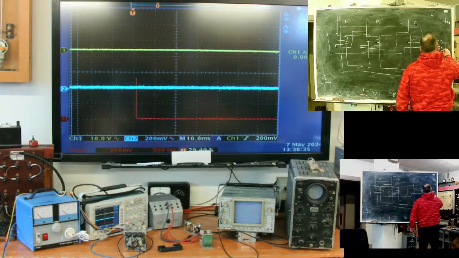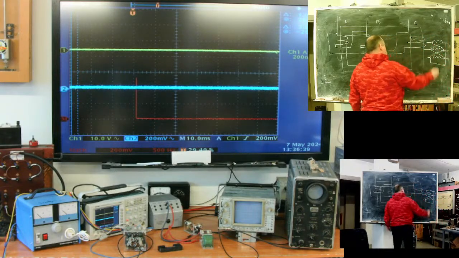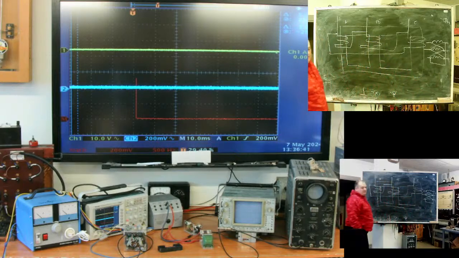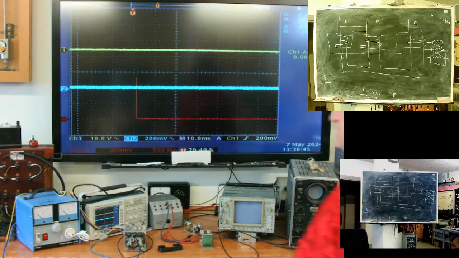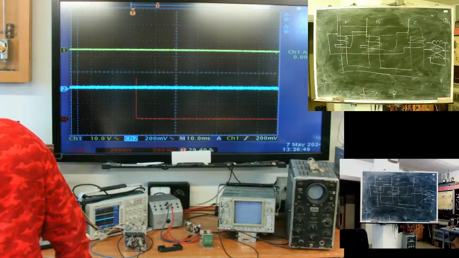I draw a transformer with delta connection. They do exist. Delta connected transformer.